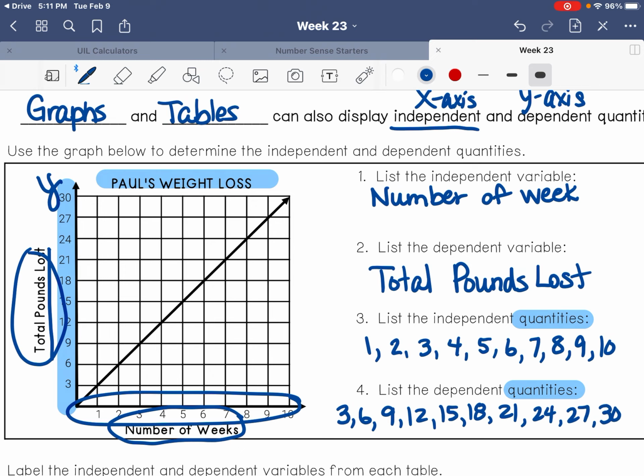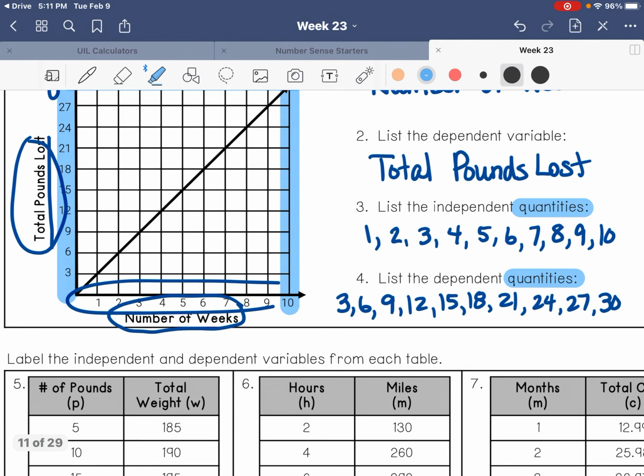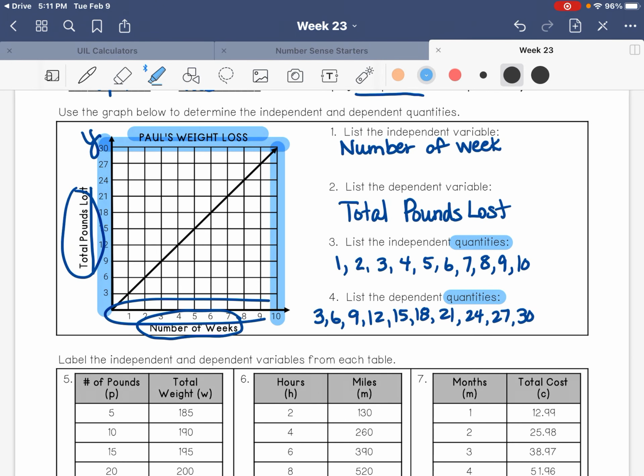It looks like at the end of 10 weeks, here's 10 on my x-axis, Paul lost 30 pounds, according to this graph. All right, so just remember that the x-axis is always the independent numbers, whereas the y is always the dependent numbers.